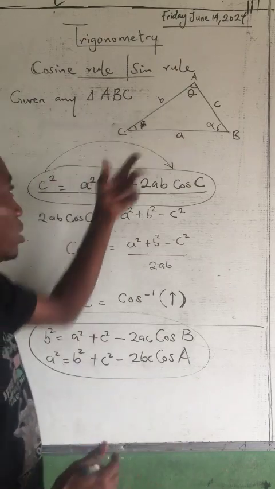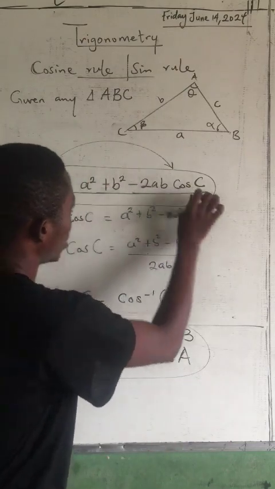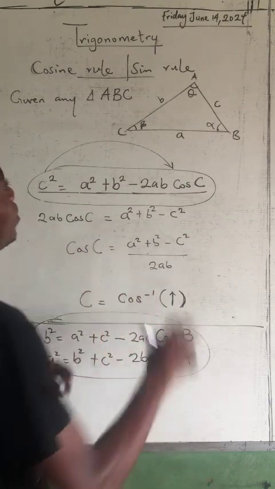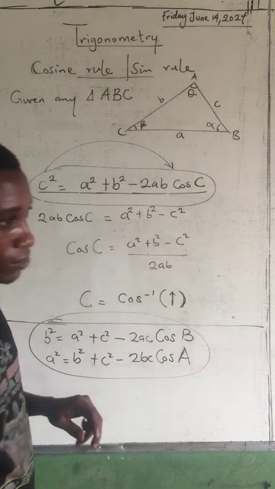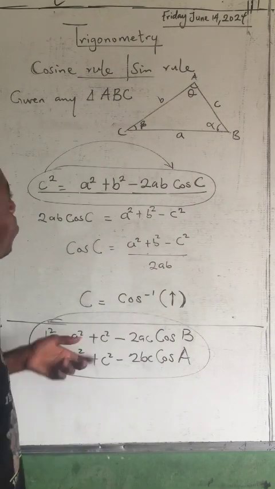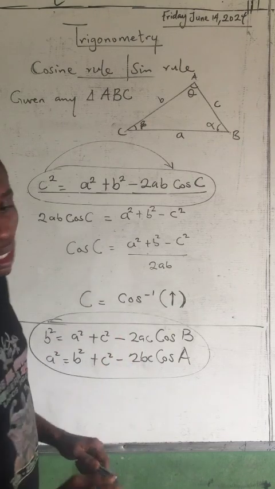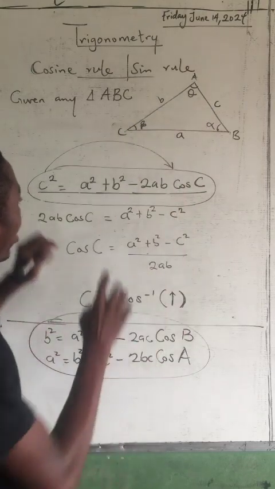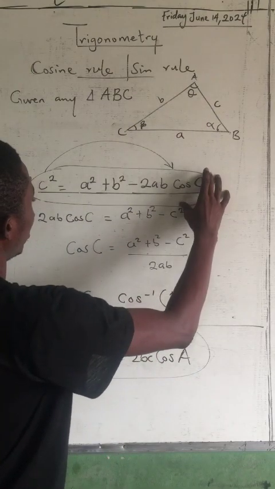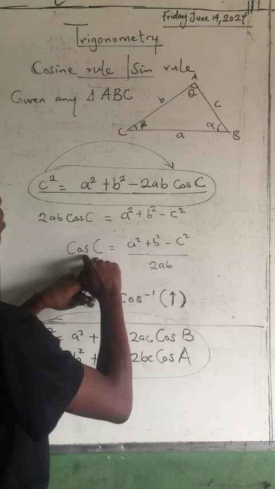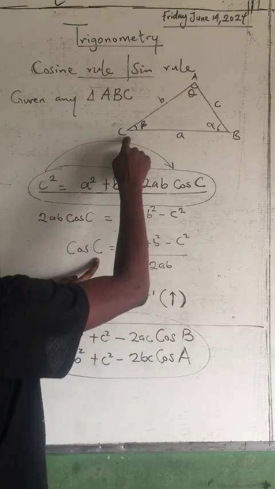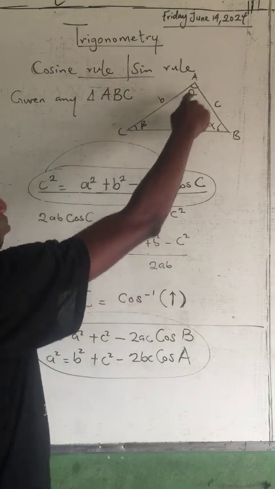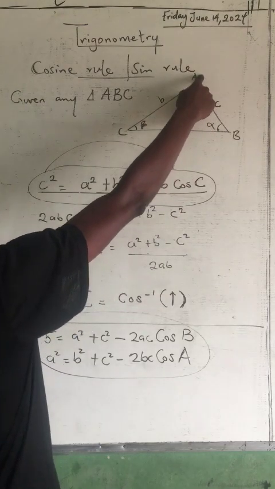You can also use it to find the angle, but it's easier to just write this directly, put it in your head, and use it to find any side that you're looking for. Now, if you have to find a particular angle, then we can rearrange this equation to get this. I'm having this for cos C. This is for the angle here. If I want to find the angle here also, it's going to be like this.